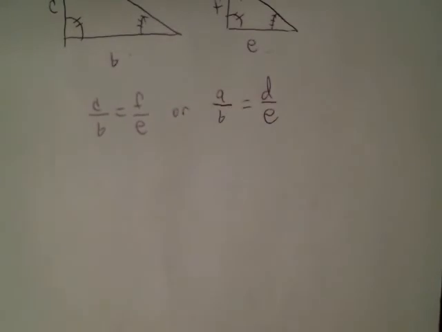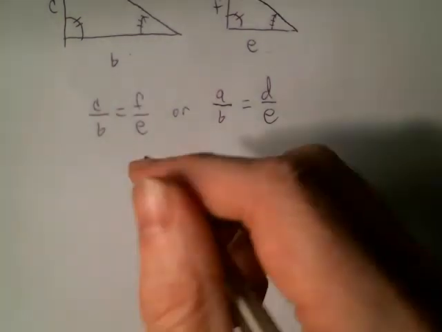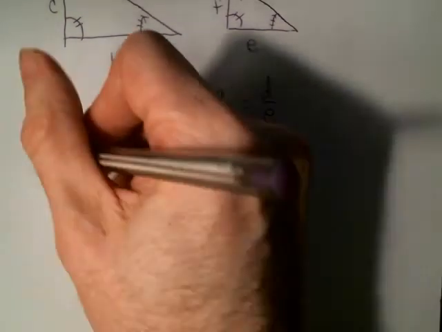Okay, so we can apply this to some problems, and even problems in your backyard you could do this with, and figure out the heights of trees. So for example, problem number 32.